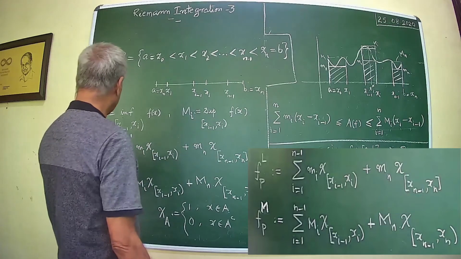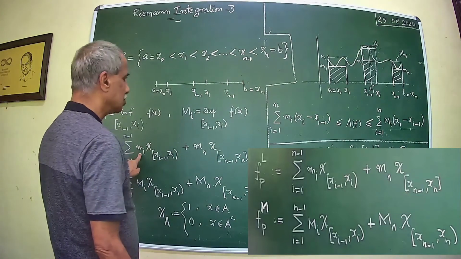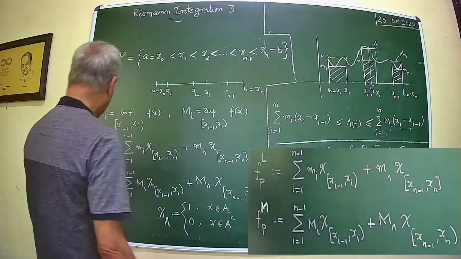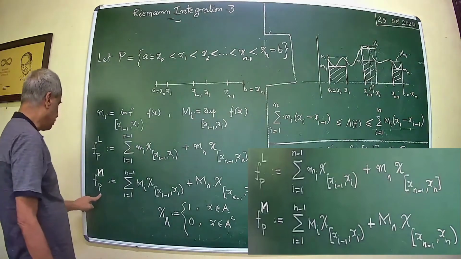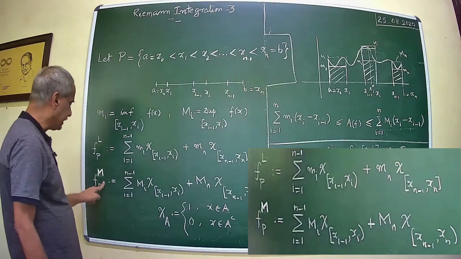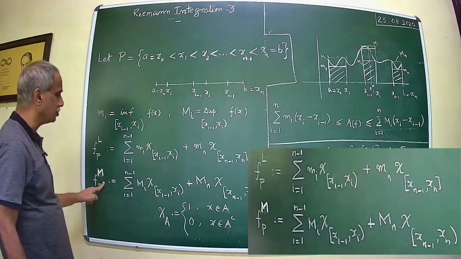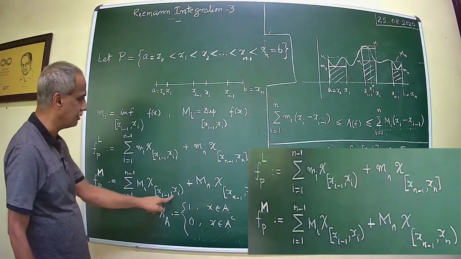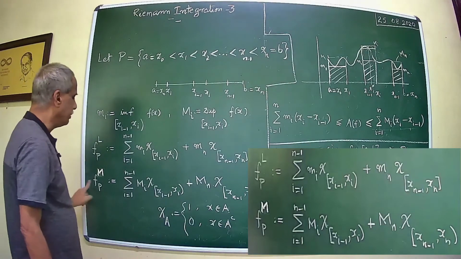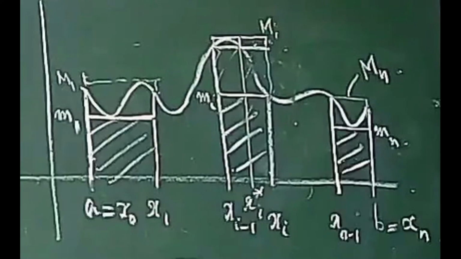So the value of the function will turn out to be simply small mi. Similarly, f_P upper evaluated at x, if x happens to be in the interval xi minus 1 to xi, then the value of the function will be capital Mi. So that is the step function that I have.